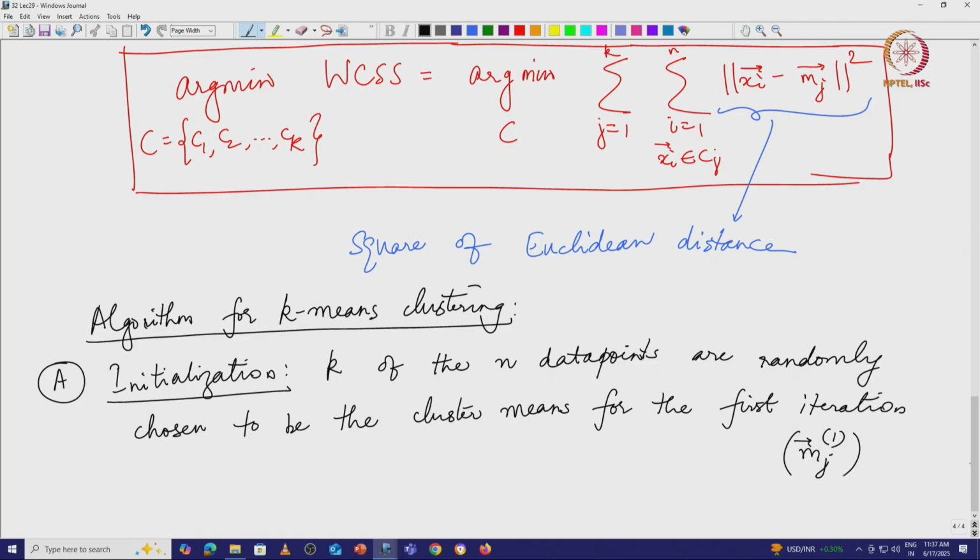So, for every cluster you will have a mean, and the superscript parenthesis 1 says that these are the initial guesses, and you could even write this as mj0 if you wanted to indicate the start of the algorithm. So, this is one way to choose the initial locations of the clusters.